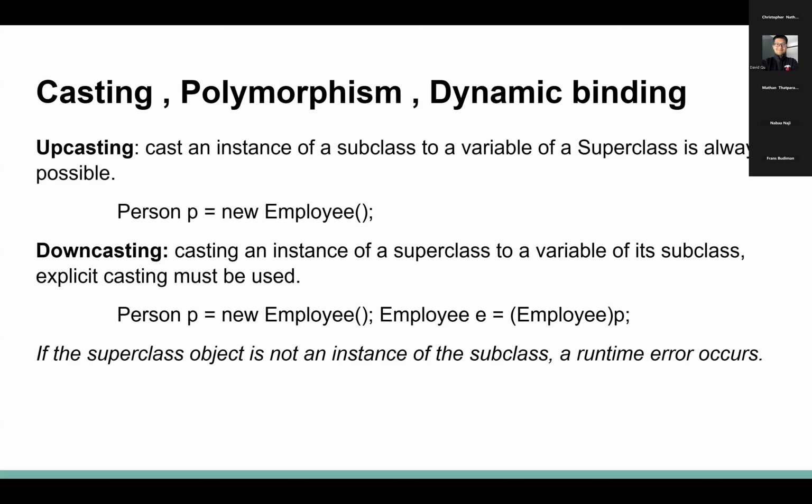That's what I mean by the next sentence here. If the superclass object is not an instance of the subclass, a runtime error occurs. If you're trying to downcast but you don't have the correct runtime type, you can't do it.